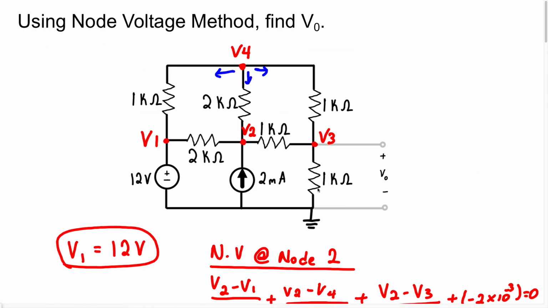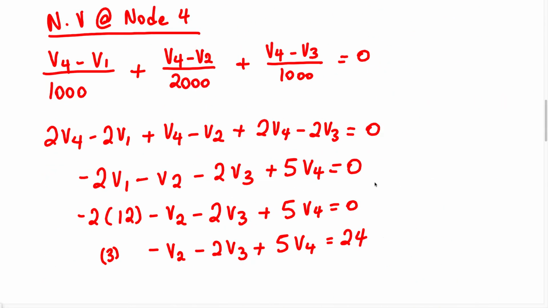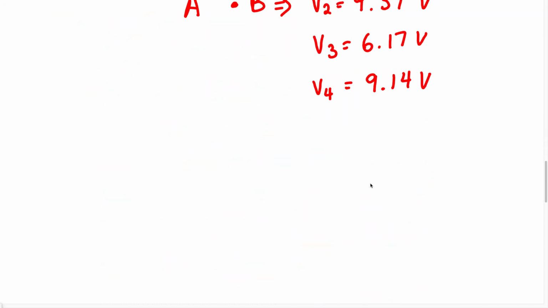Therefore, to find VO, which is the voltage across this 1K resistor, we know that's going to be the same voltage at node 3. So because we know V3, the voltage at node 3, is going to equal VO. So we can write V3 equals VO.